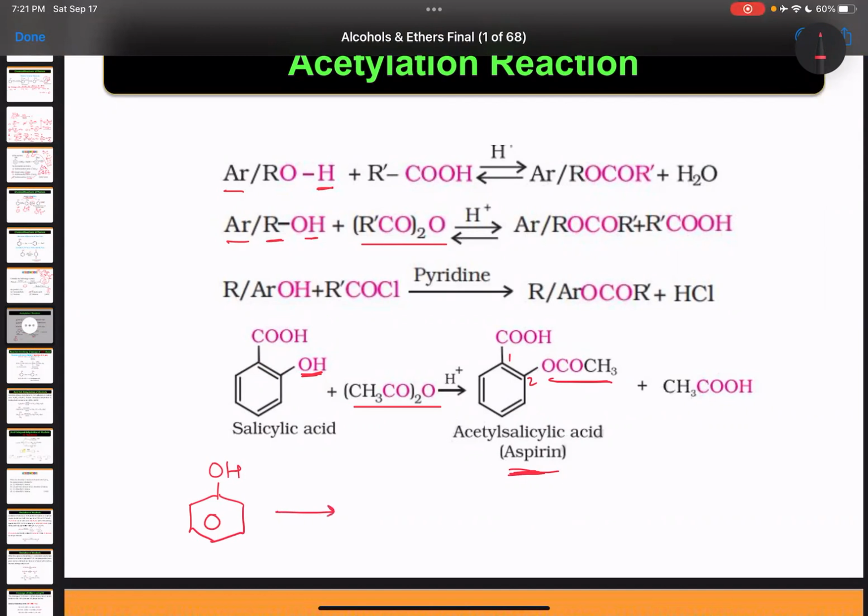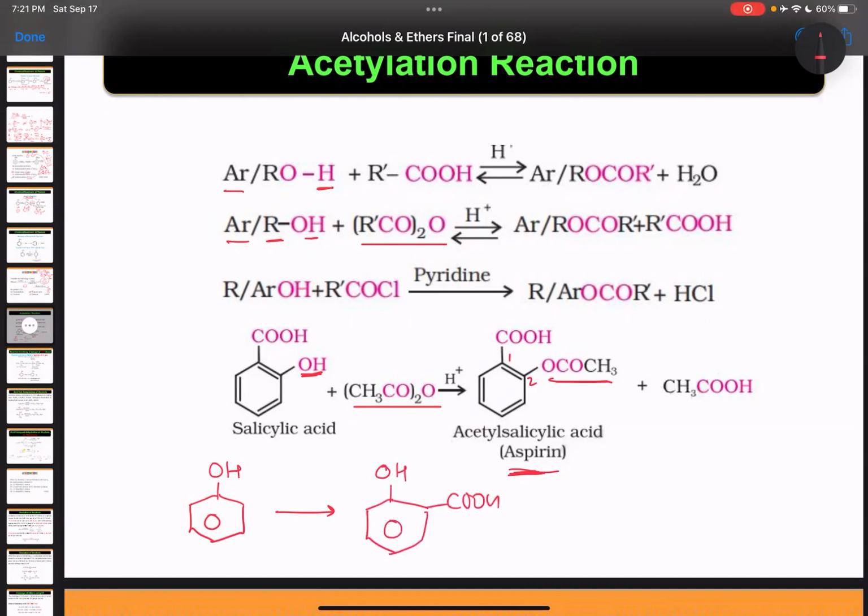Just now we have seen one reaction: CCl4 and NaOH. That will give salicylic acid, or you can take Kolbe's reaction, the Kolbe-Schmidt reaction. That's the complete name.